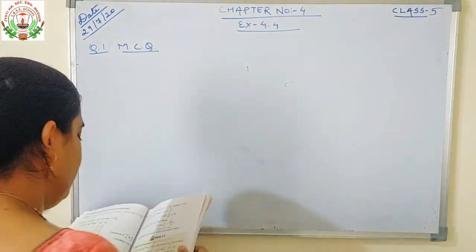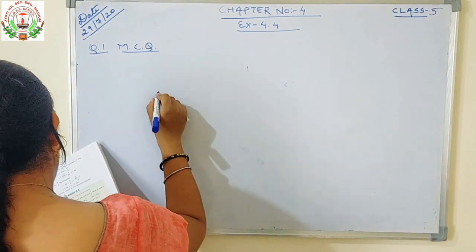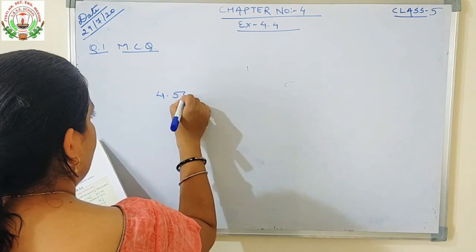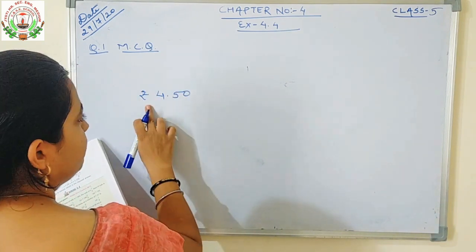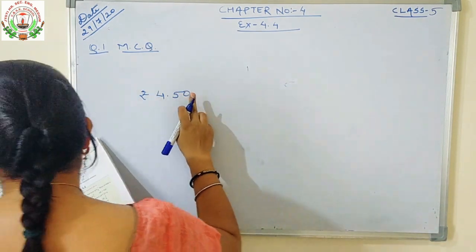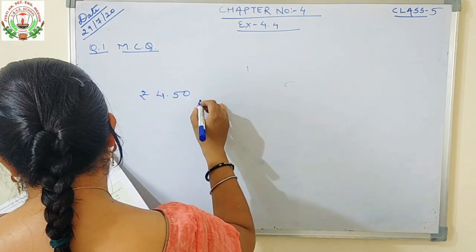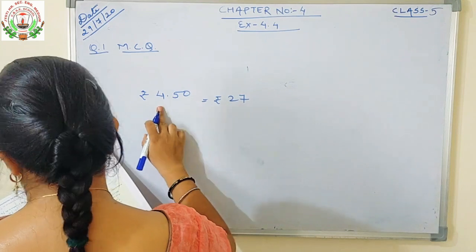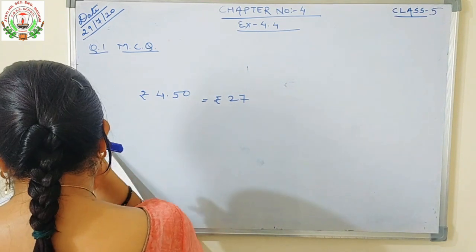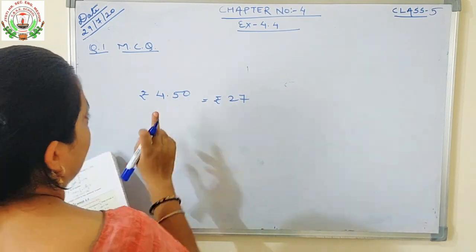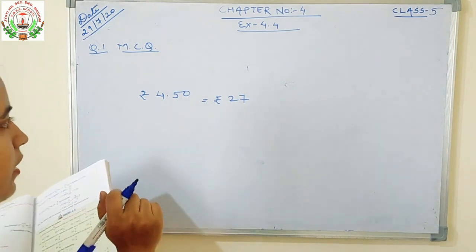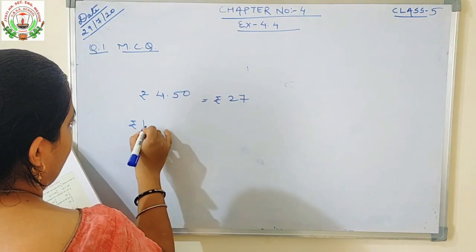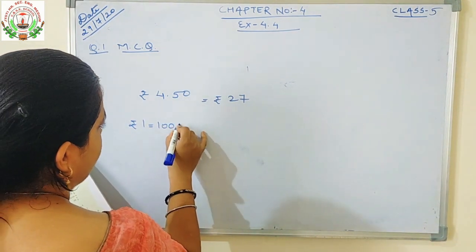Okay, see, 4 rupees 50 paisa, we will write like this, rupees 4 and 50 paisa. This we have to find as a fraction of rupees 27. First we will find this fraction. Okay, so how will we find? 1 rupee is equal to 100 paisa, we all know.